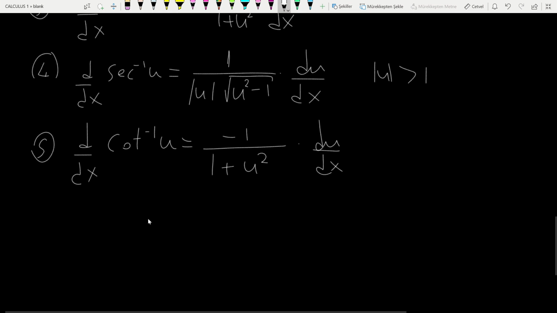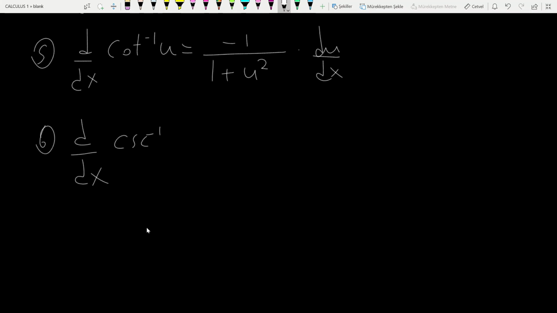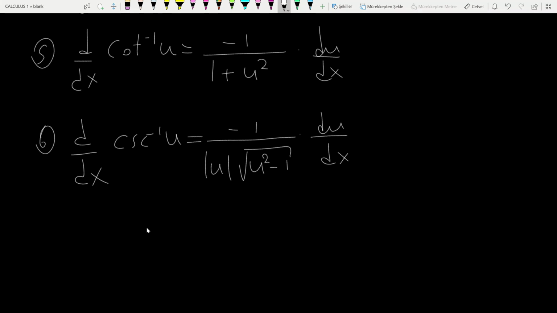And the sixth one, the derivative of arccosecant u with respect to x is equal to minus 1 over the absolute value of u times square root of u square minus 1, of course, times the derivative of u with respect to x. Here the absolute value of u must be greater than 1.